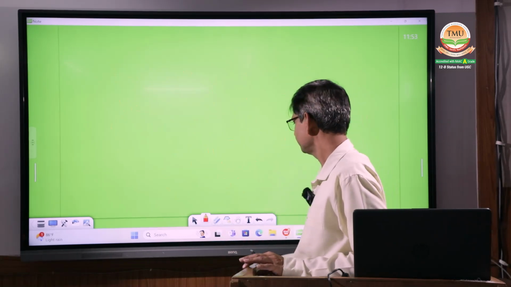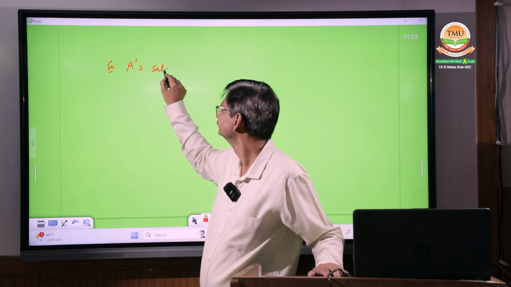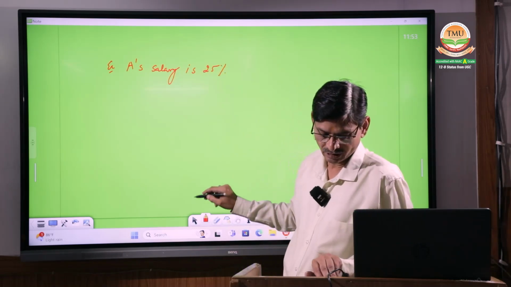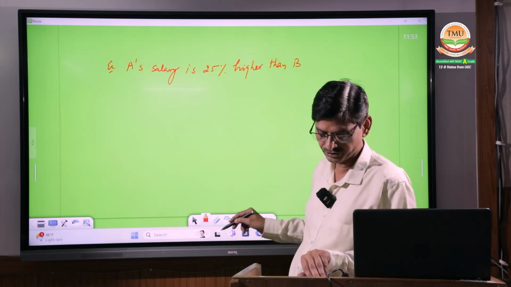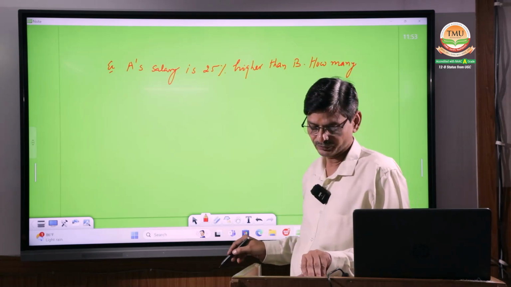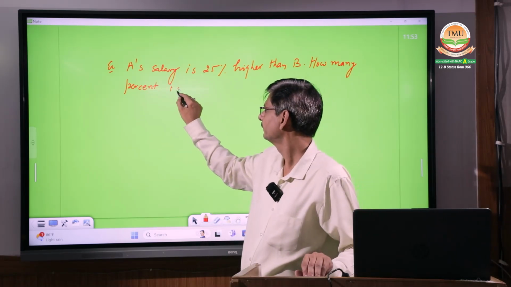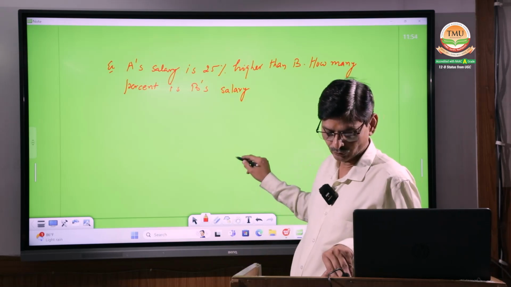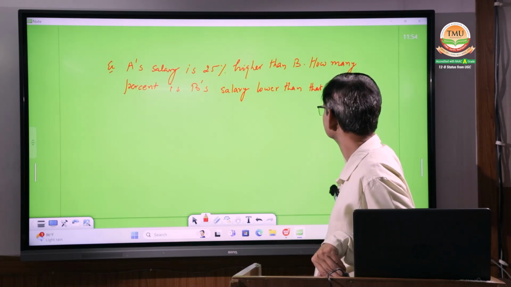Another example of percentages: A salary is 25% higher than that of B. How many percent is B salary lower than that of A?